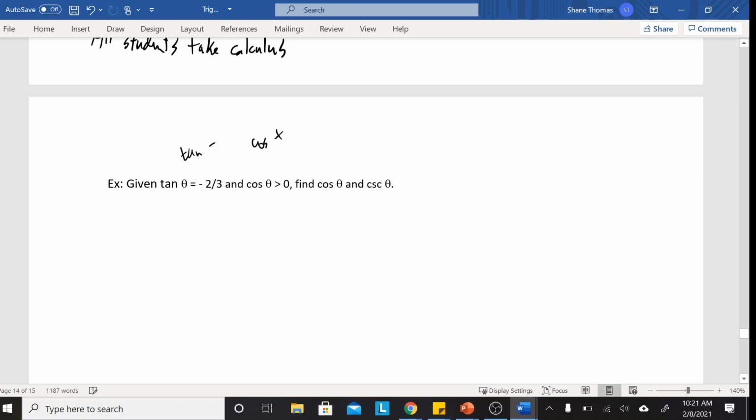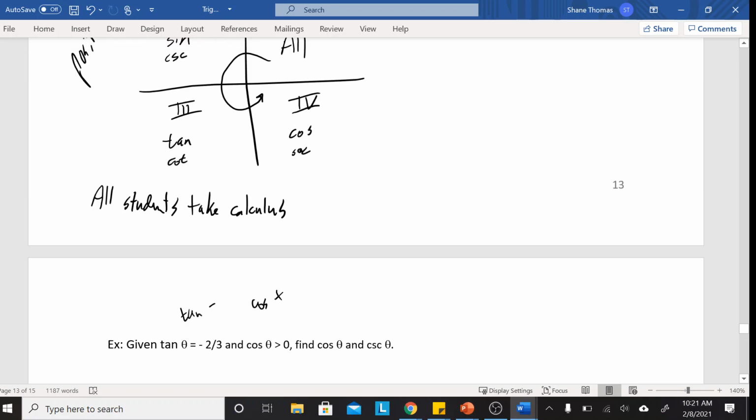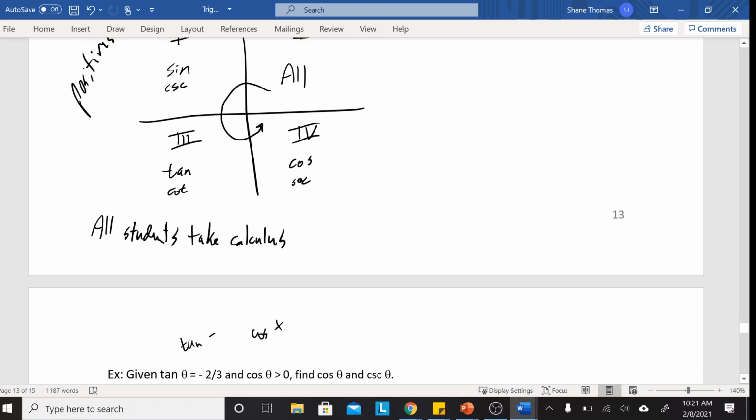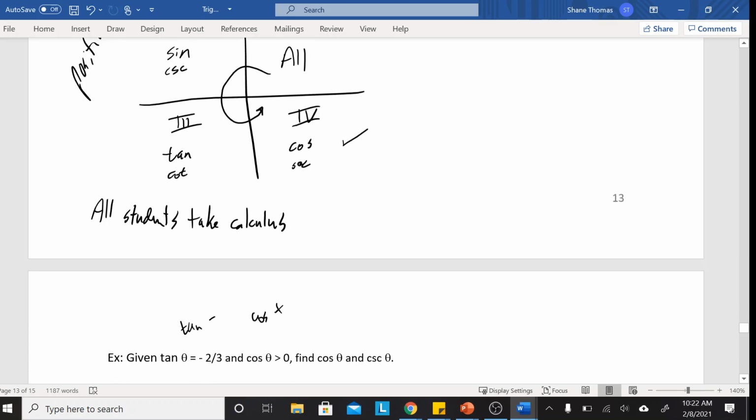If I flip back here, it can't be quadrant 1 because my tangent's negative. Cosine would be positive in quadrant 1, and also in quadrant 4. I need tangent to be negative, so it would have to occur in quadrant 4, because in quadrant 4, cosine's positive and tangent is negative.